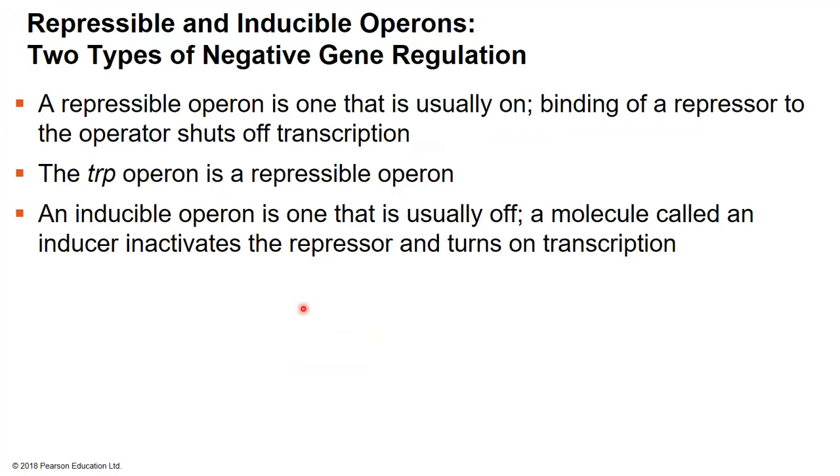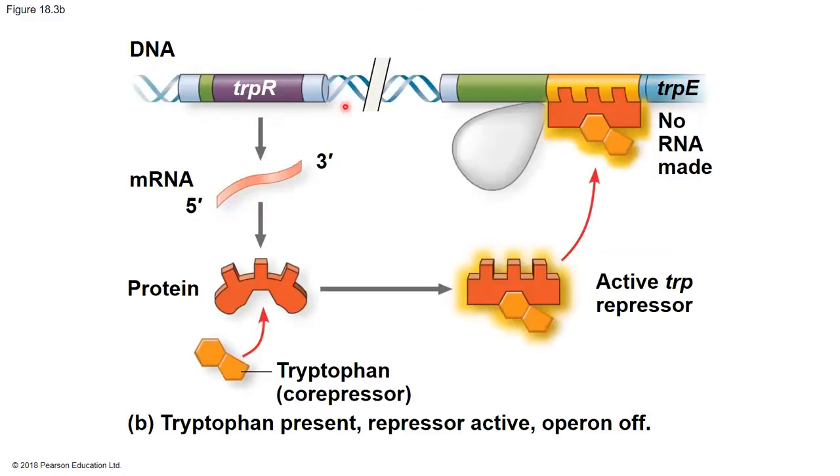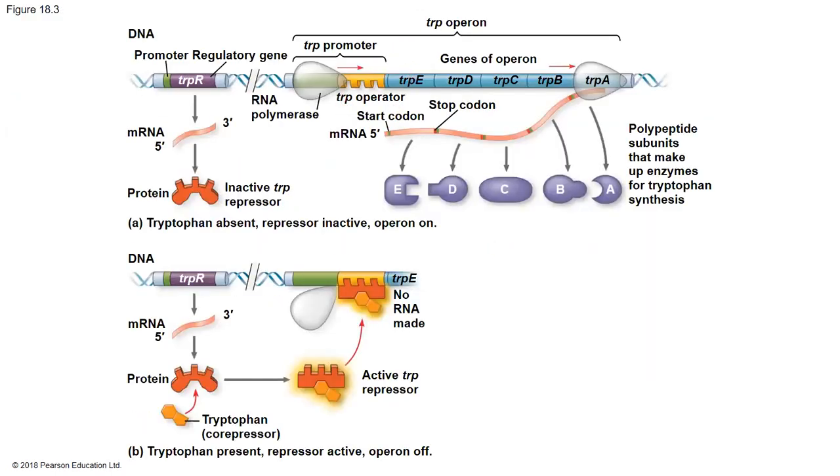In general, there are two types of operons. We have repressible operons and we have inducible operons. The trp operon is an example of a repressible operon.